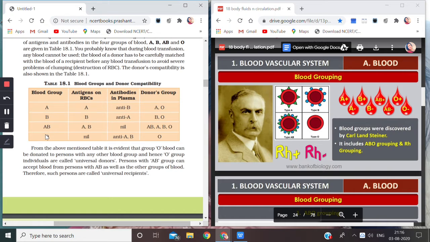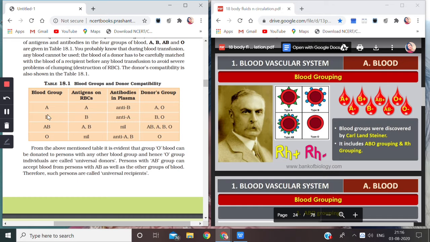But if the person is given blood group O, there are no antigens, so the antibodies in the plasma will have no problems. That is why this person can be given blood only from two sources: one is blood group A and the other is blood group O.